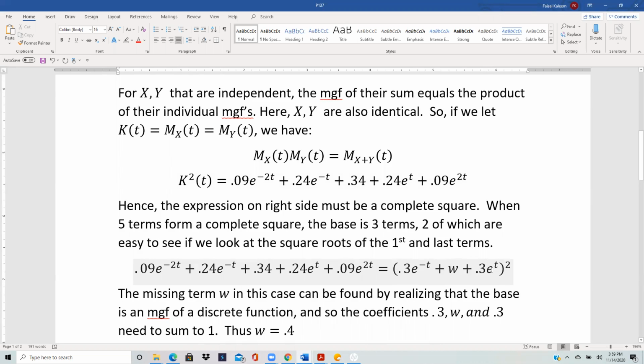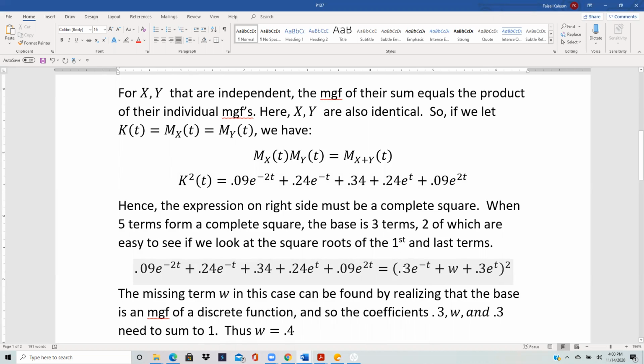X and Y are discrete because of the way the MGF is written. When you have an MGF as a sum of terms like this, then we're dealing with discrete variables, so the coefficients of the exponential powers have to add to 1. Right now the coefficients of e to the negative t and e to the t add to 0.6, and the missing term is a constant term.